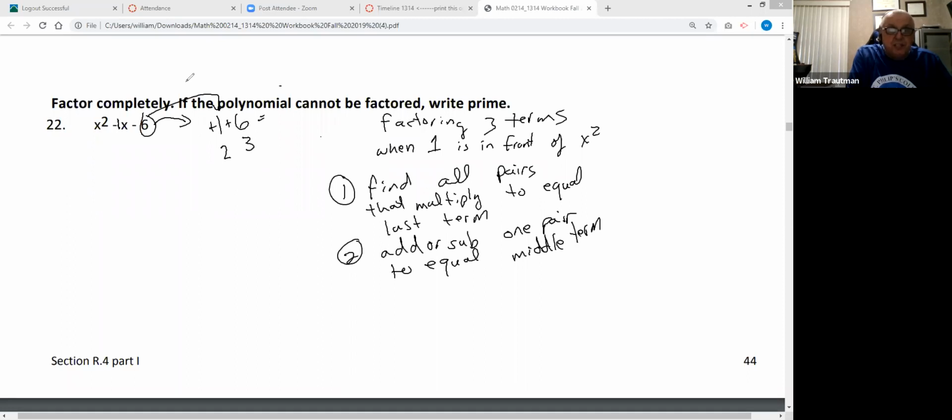No, that's 7. So this doesn't work. But look at this. A +2 and a -3. On your calculator, +2 minus 3 equals -1. Do you see a +2 and a -3 does equal -1?